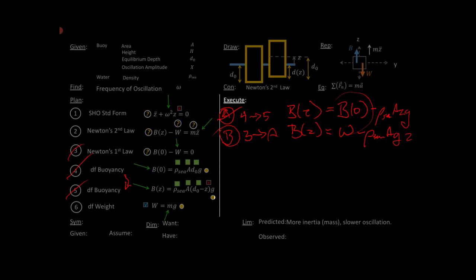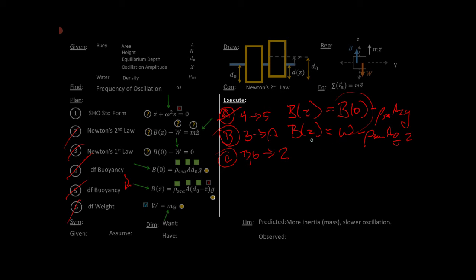Okay, go on. Let's see. What should we do? Maybe C. All right, let's go with C. How should we do this? Let's go ahead and take B and 6 and substitute it into 2. All right, so we're going for Newton's second law.